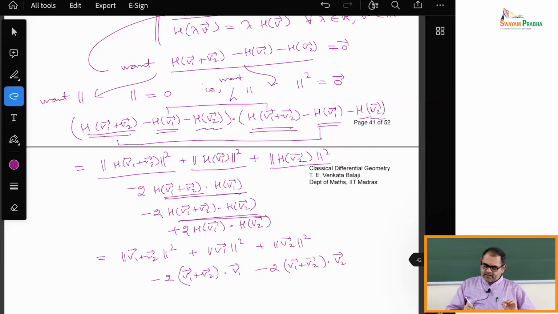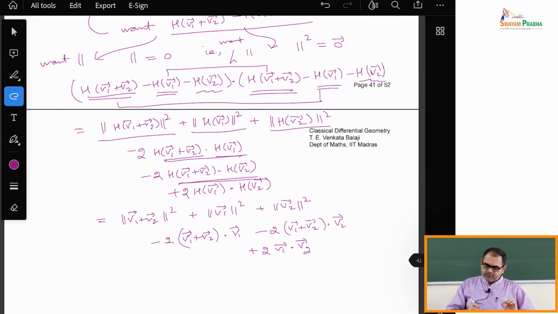And then the last term will be plus 2 V1 dot V2. And if you again use the fact that the norm squared is just the dot product of a vector with itself, you convert everything to dot products, and then you see everything cancels out and you get 0. So this term is just going to be V1 plus V2 dot V1 plus V2, and the second term will be V1 dot V1.